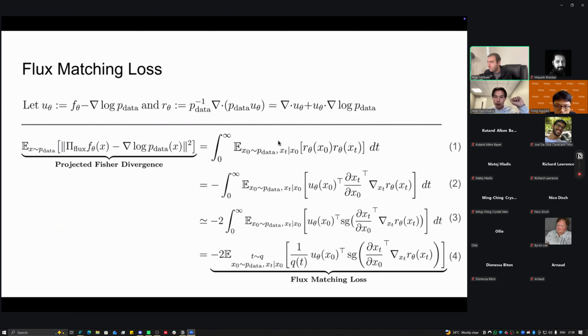But you can go back to the intuition. R theta is essentially doing this projection, but one derivative below, because R is a scalar value while we're trying to work in the vector valued geometry. This infinite integral essentially moves x0 to xt.